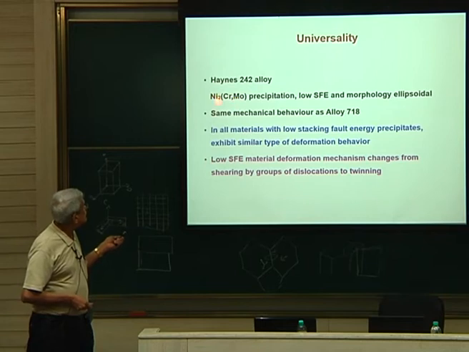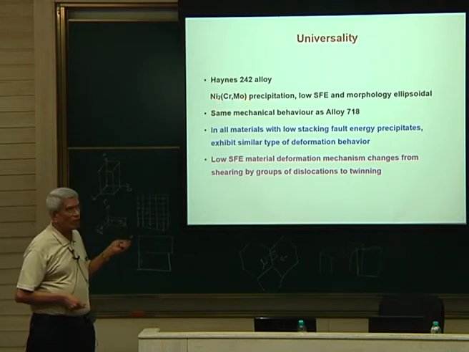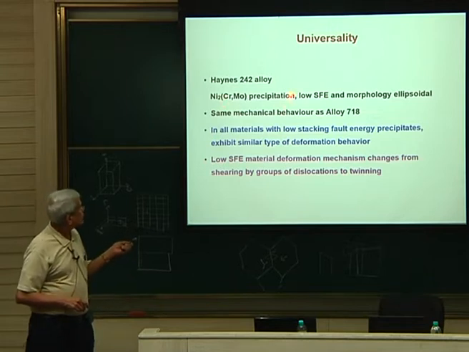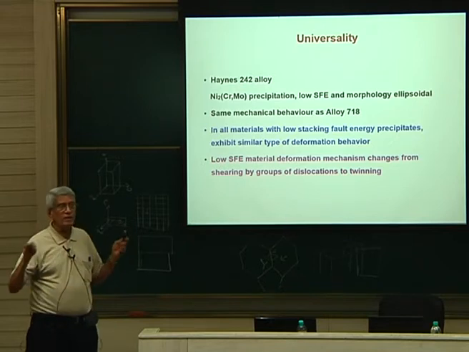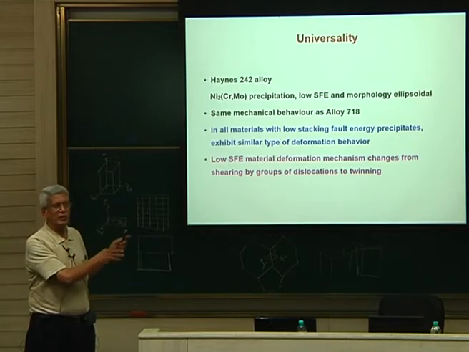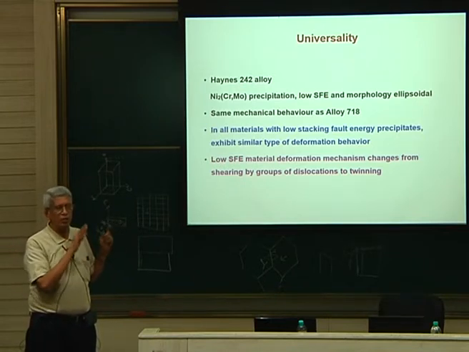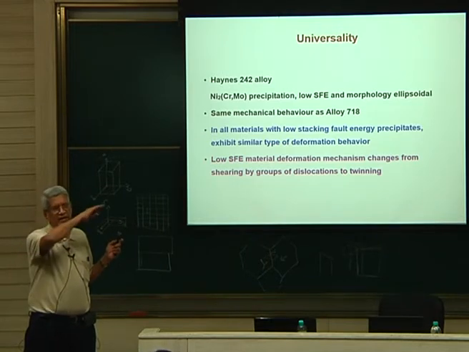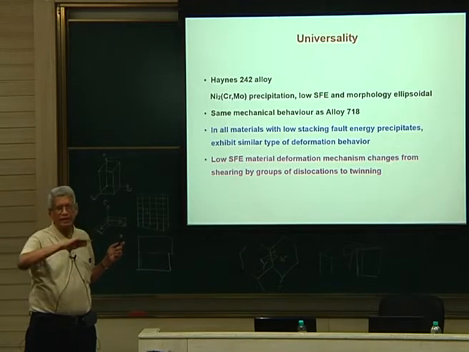There also Ni2CrMo precipitates form, which have a very low stacking fault energy. This has an orthorhombic structure and an ellipsoidal morphology. When they studied this, they observed exactly the same mechanism that we had obtained. That is, as the precipitates become very large, the work hardening rate comes down.